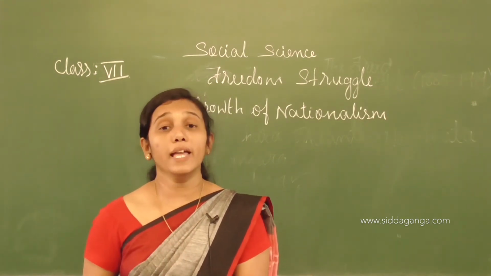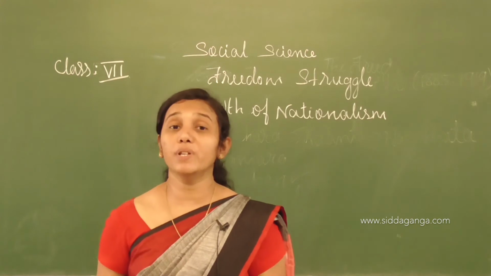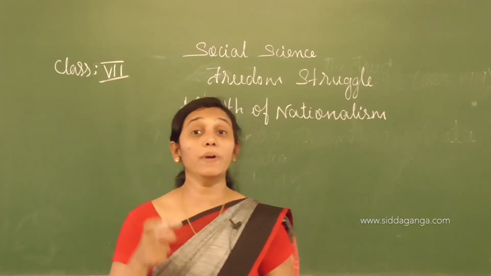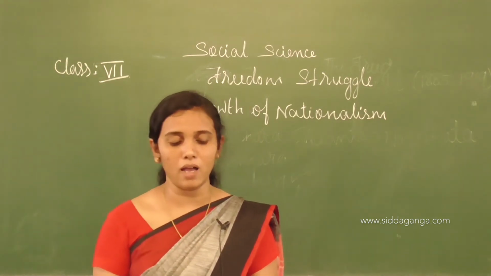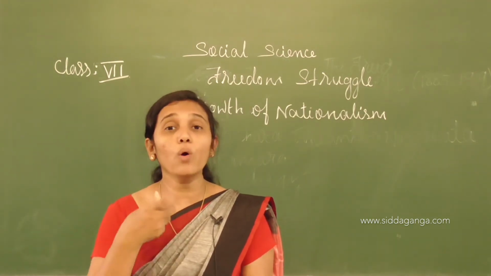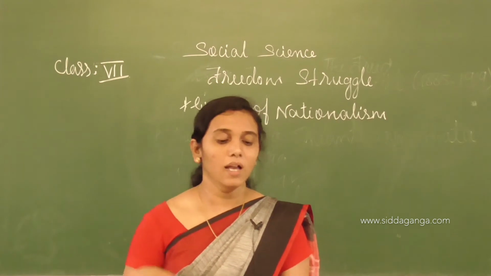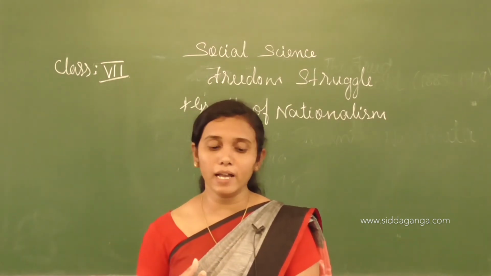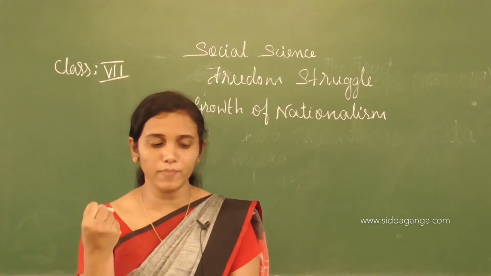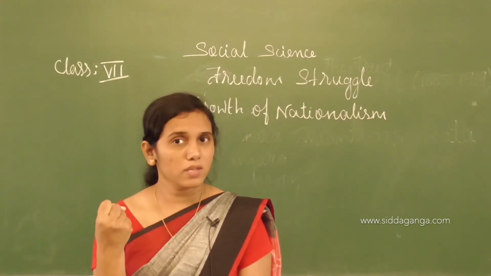Next point is uniform administrative system. The Britishers implemented a uniform administrative system in India. It also helped to grow nationalism in Indians. The British brought India under a uniform administrative system.